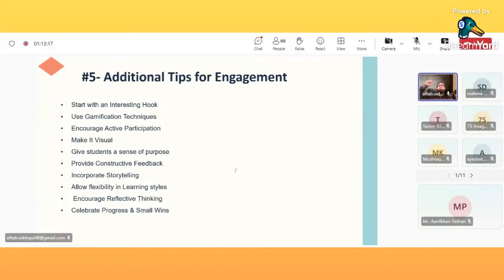Now explain a drug, and then say, can anyone in the class explain this information of drugs to a non-medical student or non-medical person? So this will actively engage them.